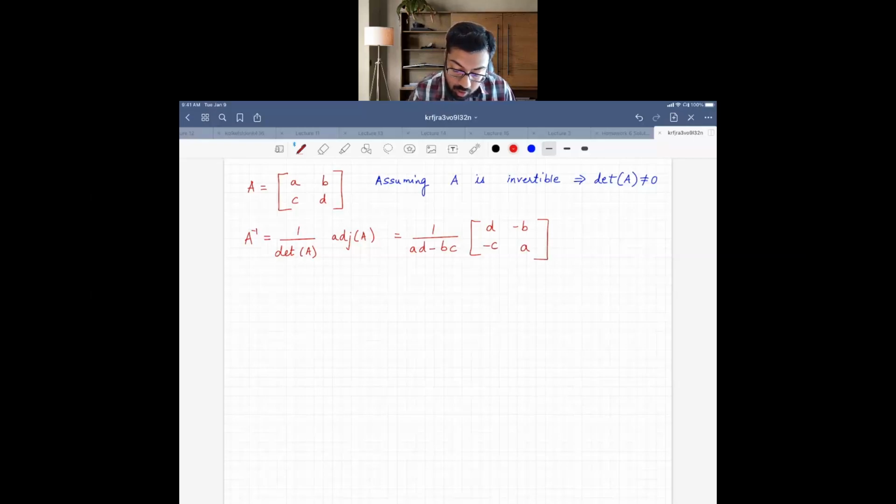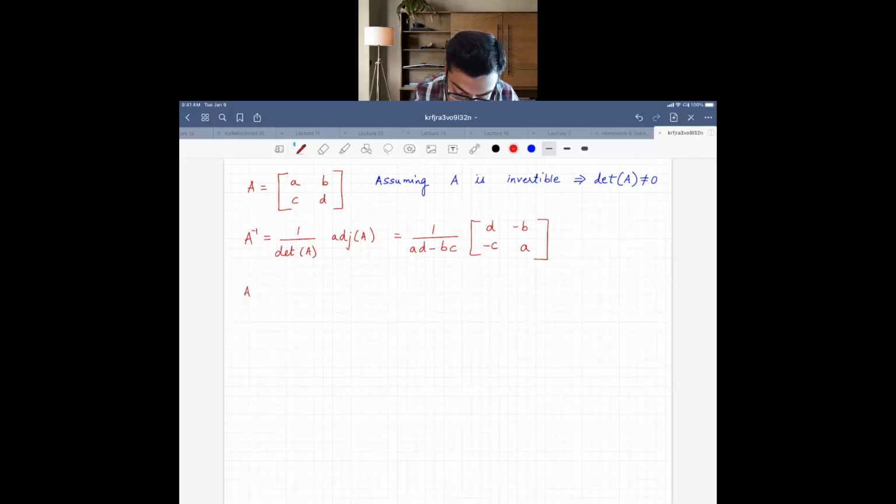Next, if I wanted to find the inverse of A inverse, then the first thing that I'm going to do is find the determinant of A inverse and also the adjugate of A inverse. So let me just write that down.